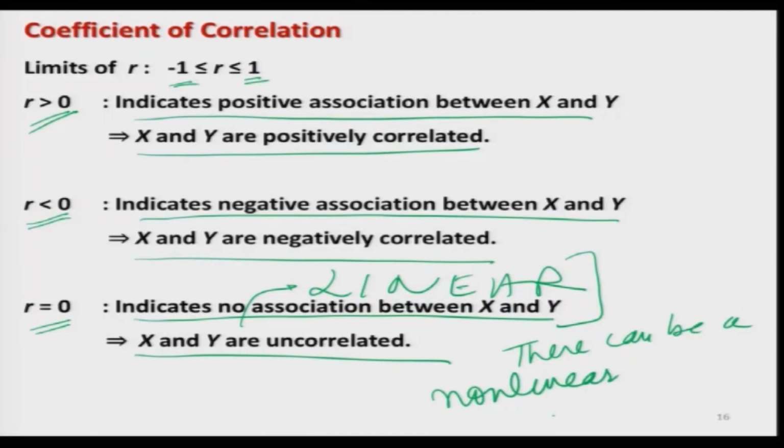So, this is what you have to always keep in mind, that r equal to 0 indicates stochastic independence in the sense that there is no linear relationship between x and y, but there can be a non-linear relationship between x and y. Many times people do not understand this concept and they try to compute the value of the correlation coefficient, whether they are trying to measure the degree of relationship in a linear or a non-linear relationship. But measuring the degree of non-linear relationship using this definition of correlation coefficient is wrong.